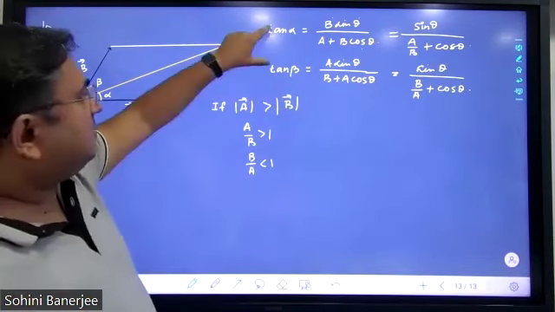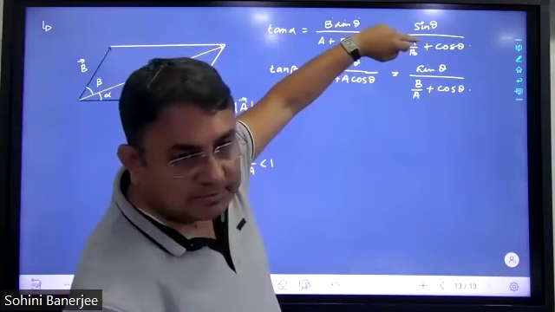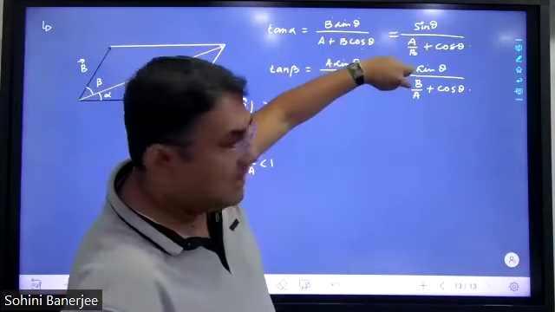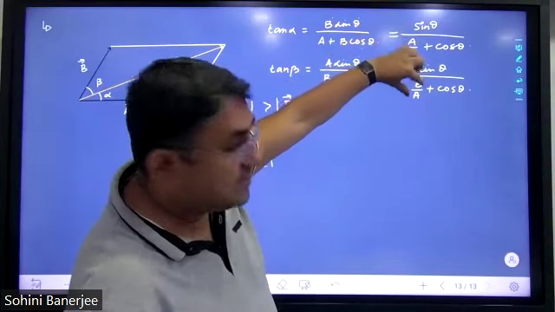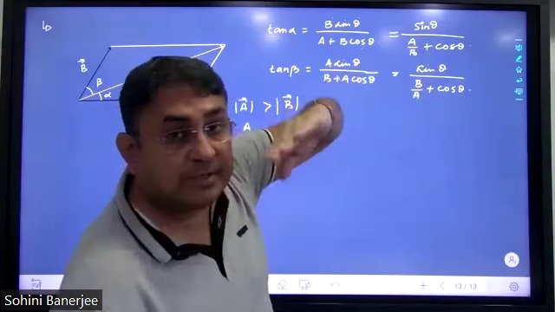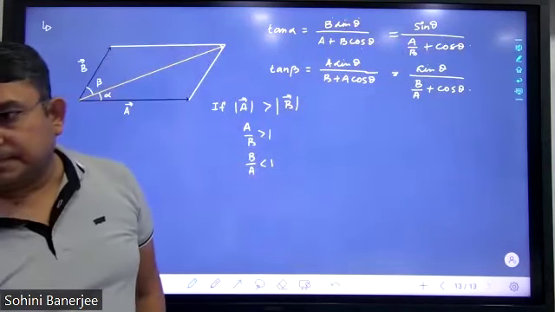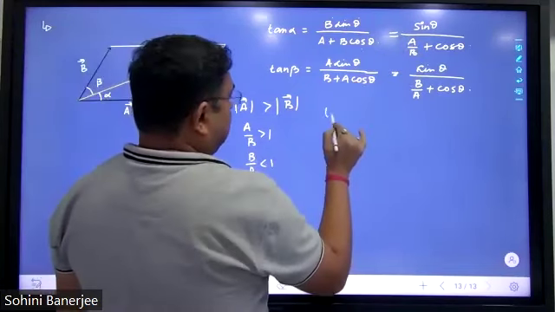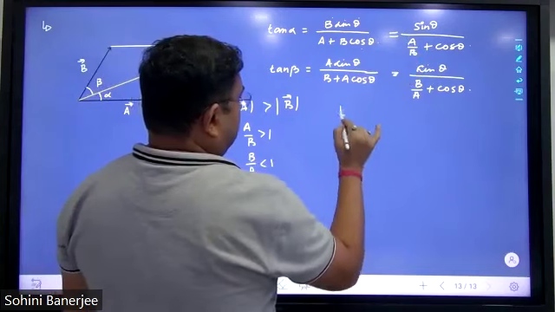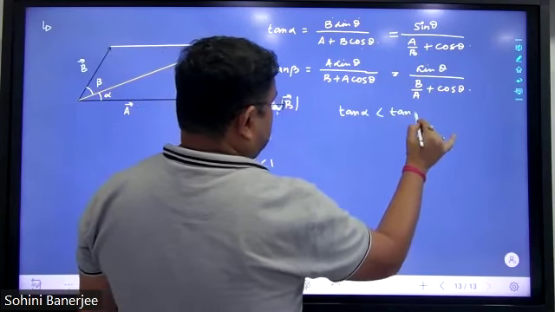So come to the expression of tan alpha and tan beta. A by B greater than 1, B by A less than 1. So this denominator is more than this denominator. If the denominator is more, the fraction is less. So for this condition, tan alpha is less than tan beta.